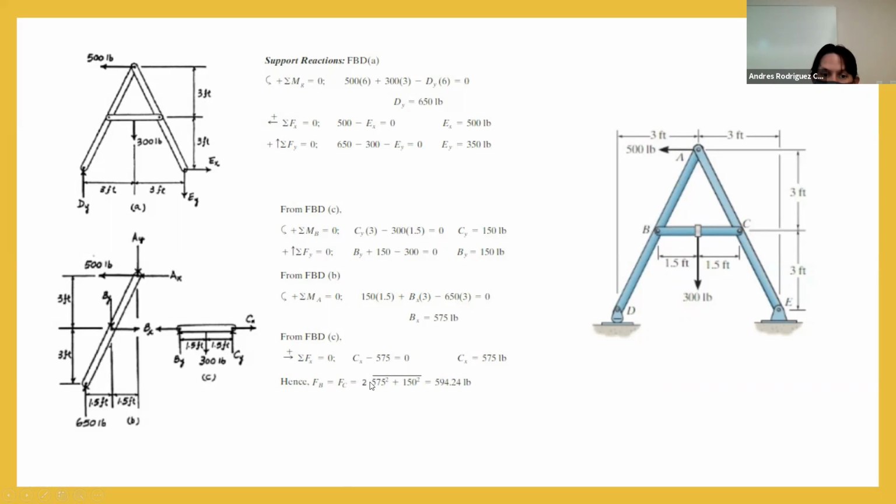So doing by Pythagoras, this is the square root. There is a typo here. So this is the square root of these values here that we already know from the previous calculation. In fact, we are going to be able to obtain this value here that is going to be the diagonal that we already have here. So that's going to be our shear force applied in this point.